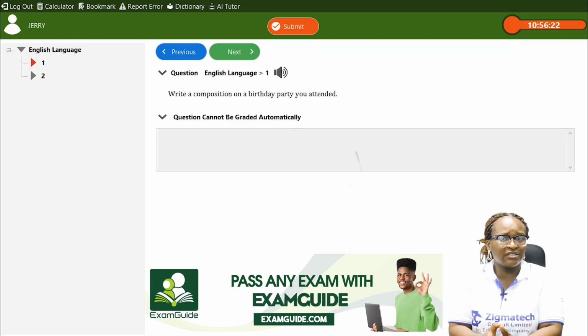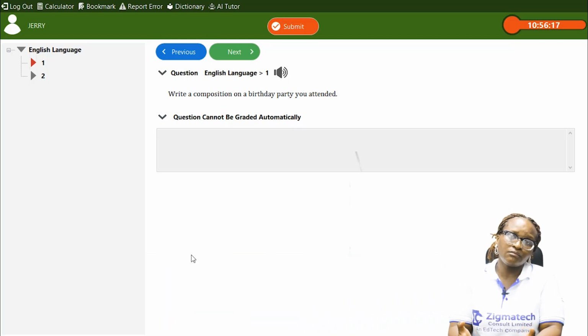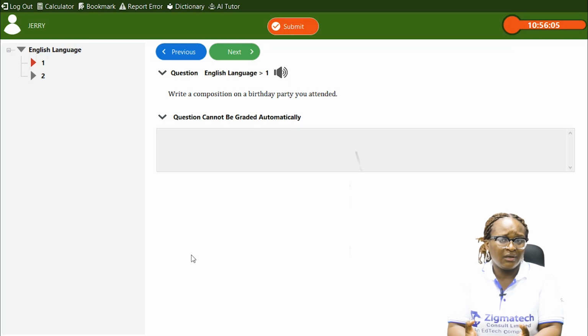So in argumentative essay, examiners look out for references, illustrations, and facts. So you don't argue because you want to show your prowess in language, but you argue authentically with facts and illustrations.